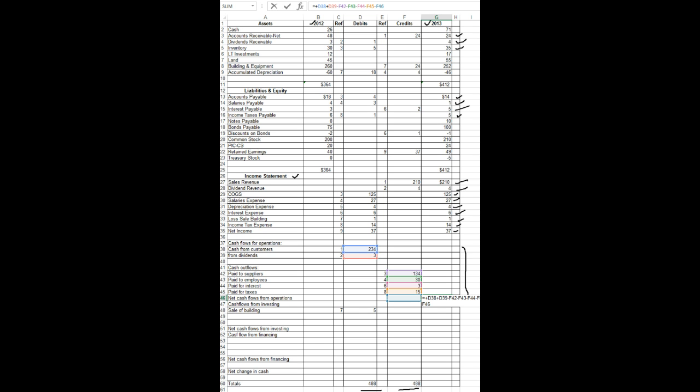I'm adding D38 plus D39 and subtracting F42, 43, 44, 45, and 46. So it says my net cash flow from operating activities is 55, and as long as I've got all of these in this number, my spreadsheet is going to tie, so you need to be careful with that number.